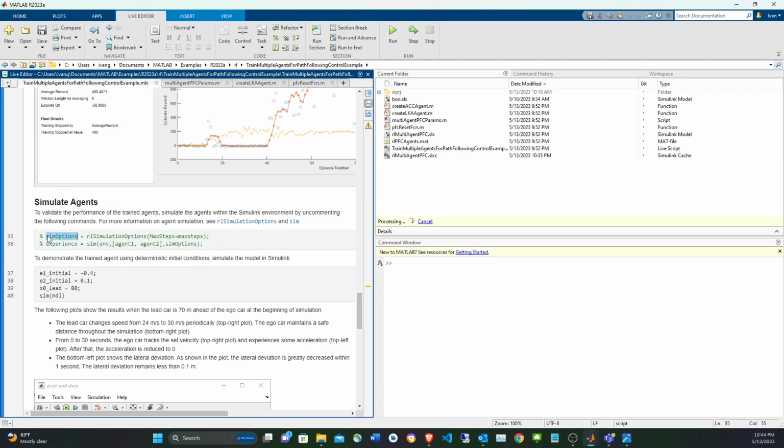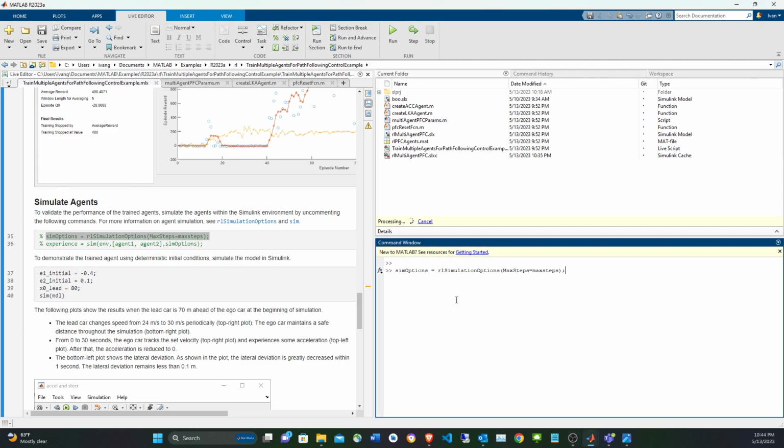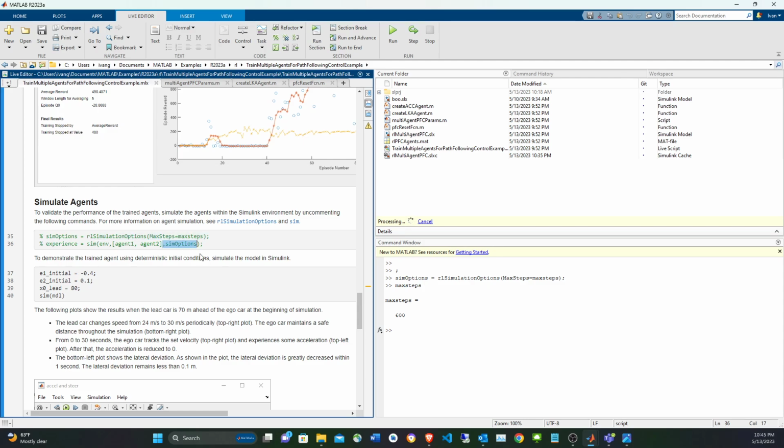Okay, so first we get the simulation options, which is basically the number of steps that we're going to use, which is 600. So now we're just going to run this. I don't know what's happening with my mouse today, but anyway, I'm just going to use the cursor.